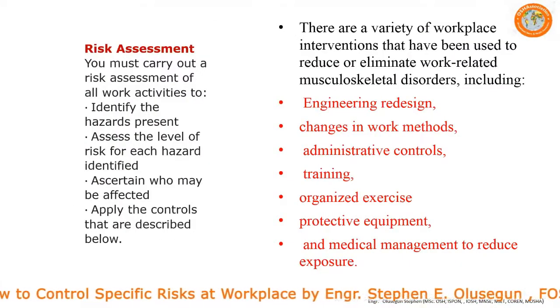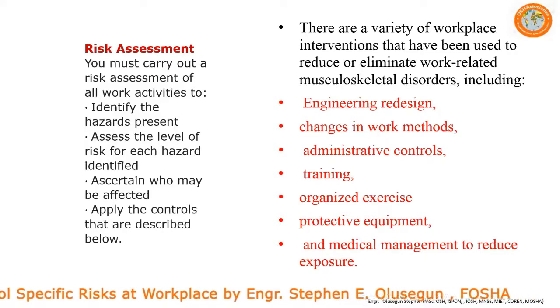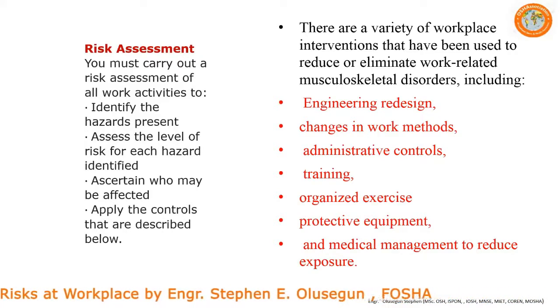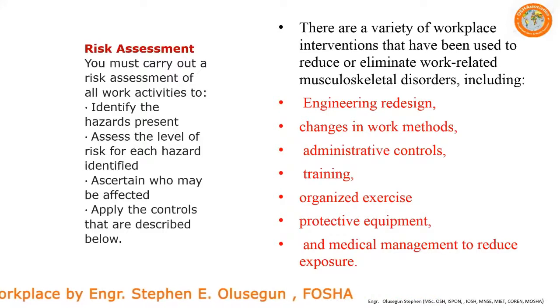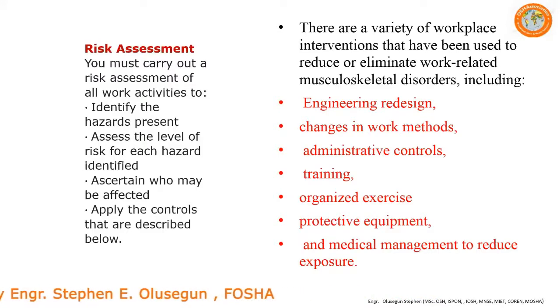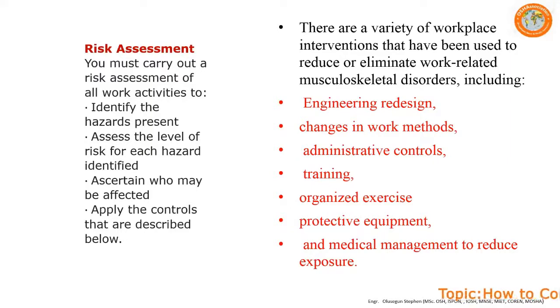So the risk assessment: you must carry out a risk assessment of all work activities, identify the hazards present, assess the level of risk of each hazard identified, ascertain who may be affected, and apply the controls that are described below. You can see some of this.